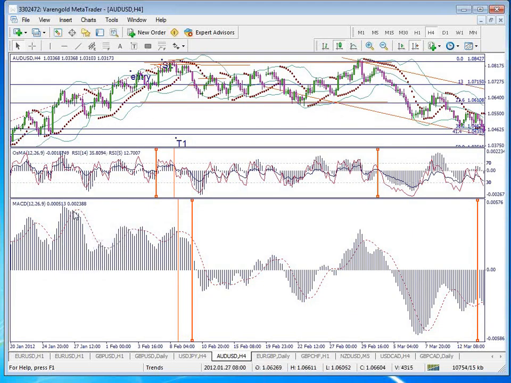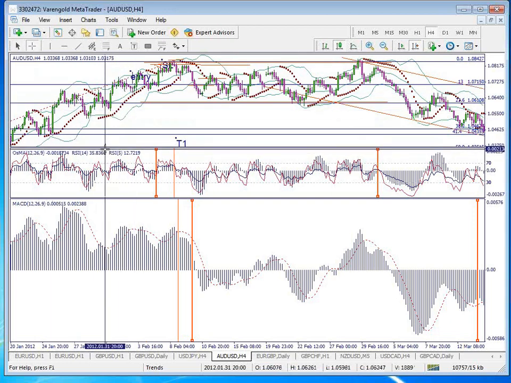When the red line is going out from the histogram, this is a signal for sell. Here also can be considered as a signal for sell. I will also use the cross for this. So here I have the signal for sell. Indeed, the pair went into the down direction and made 120 pips on the 4-hour chart.